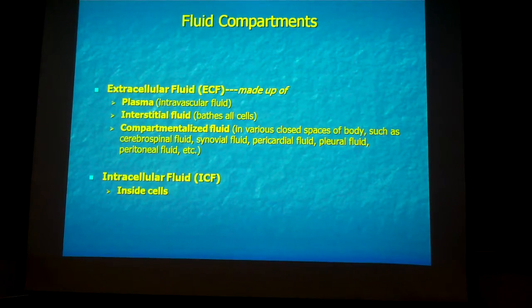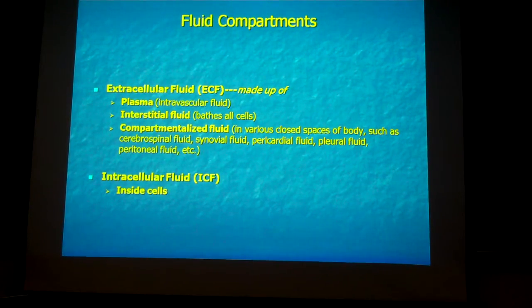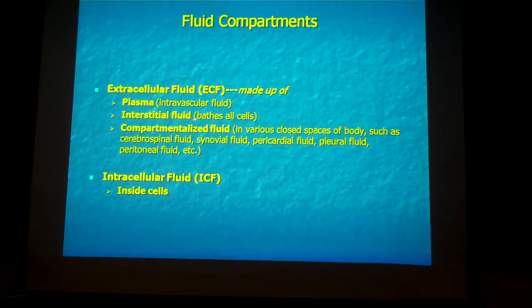Plasma is mostly water, isn't it? So there's some water in our blood vessels in the form of plasma. The fluid that bathes the outside of cells is called interstitial fluid. So that's fluid that bathes the outside of cells. We also have some fluid that's called compartmentalized fluid.